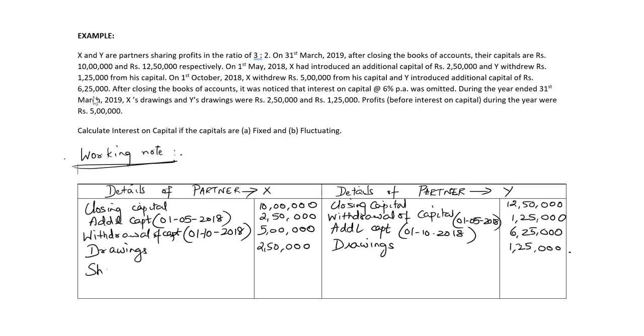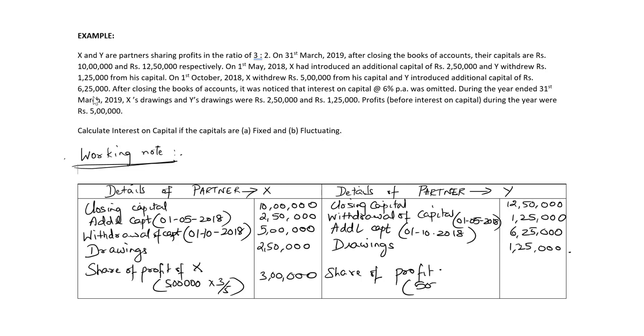So, share of profit of X is rupees 5 lakh into 3/5, which is equal to rupees 3 lakh. Share of profit for Y is rupees 5 lakh into 2 divided by 5, which is equal to rupees 2 lakh.